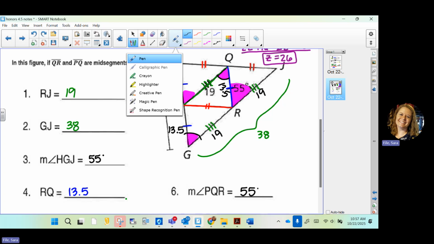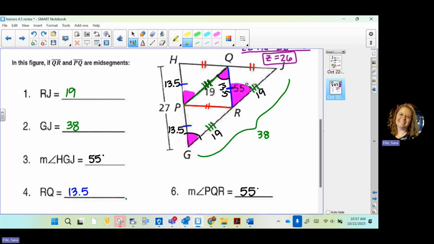If you need to color code to distinguish between those, I'll add a little yellow here and a little blue here. All right. How do we feel about mid segments?